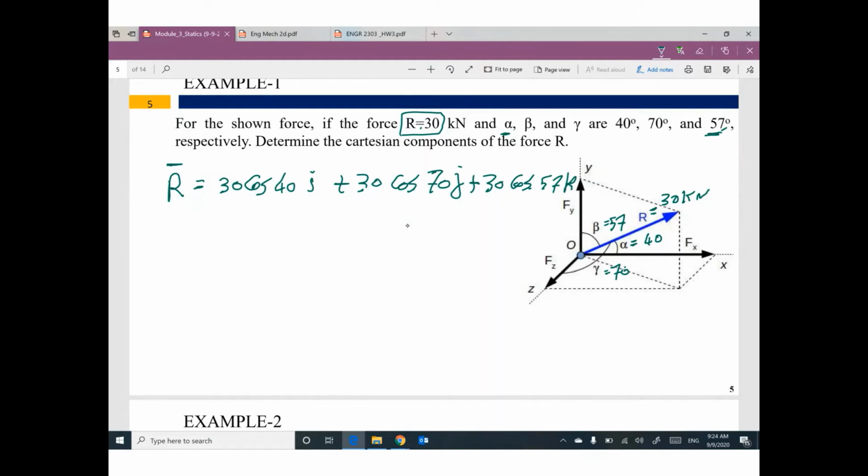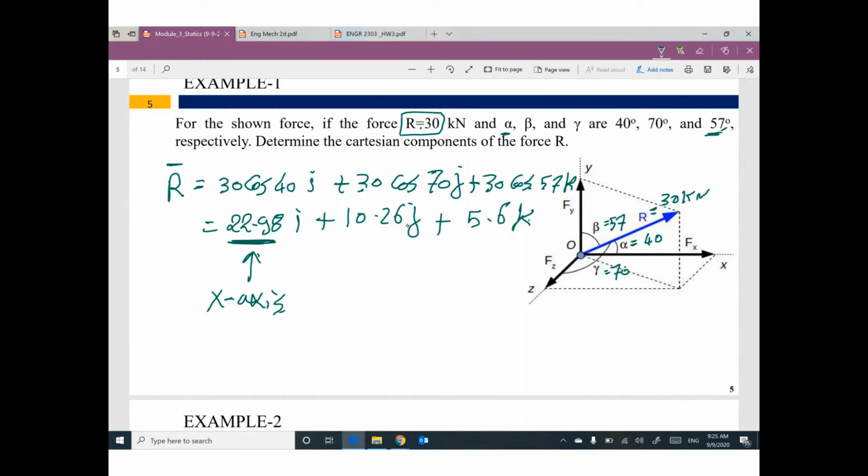So your final answer will be 30 times cosine 40 equal 22.98 I. 30 times cosine 70 equal 10.26 J. 30 times cosine 57 equal 5.6 K. So this value is the component in x-axis.